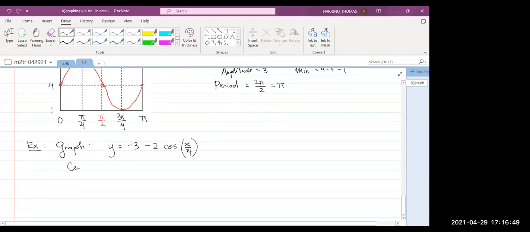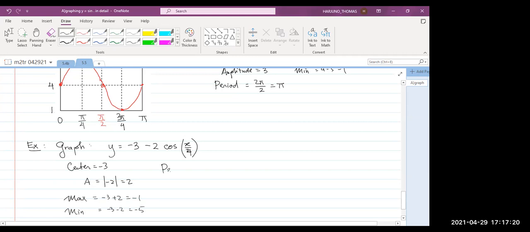The center is -3. The amplitude is the absolute value of -2, which is 2. The coefficient of cosine, but make sure you use absolute value because amplitude is always positive. Now from there you see the maximum is -3 plus 2, that's -1. The minimum is -3 minus 2, that's -5.